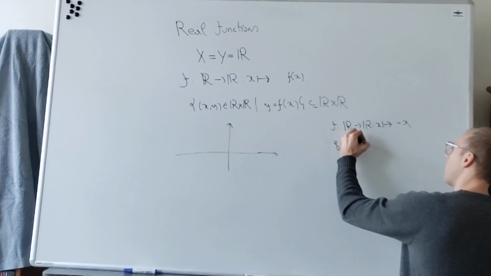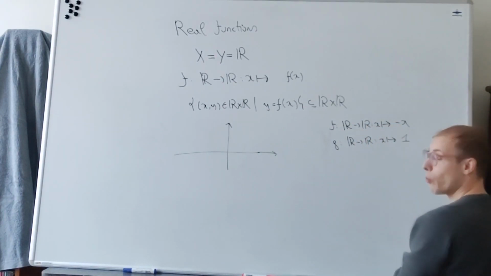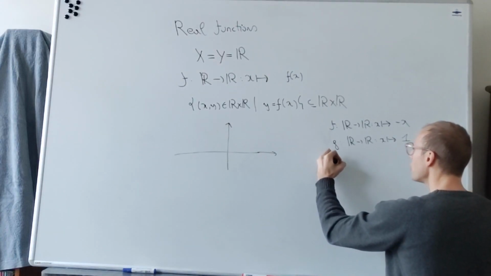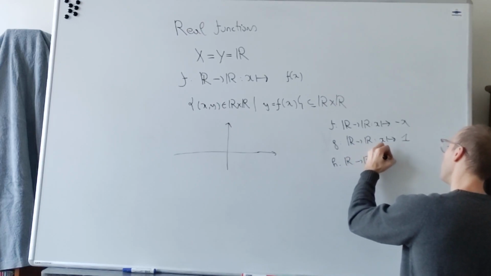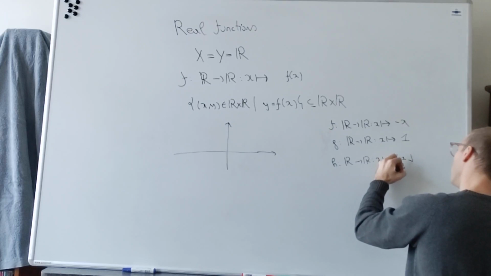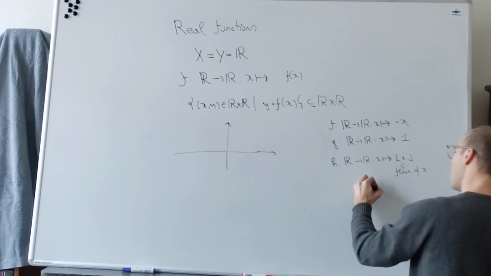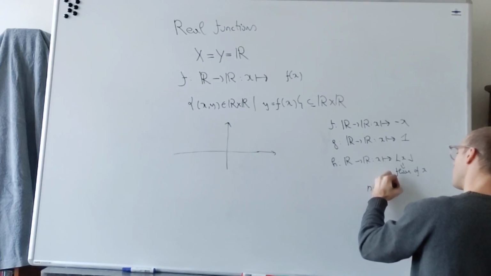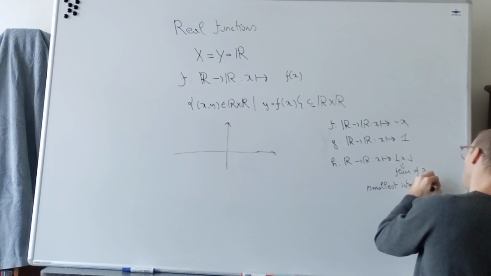Function g from R to R, where x is mapped to maybe just 1, and a function h from R to R, where x is, for example, mapped to the floor of x, and this is the smallest integer lesser or equal than x.